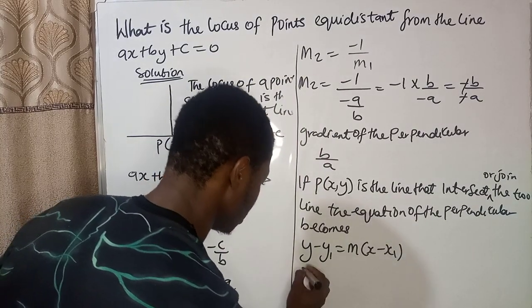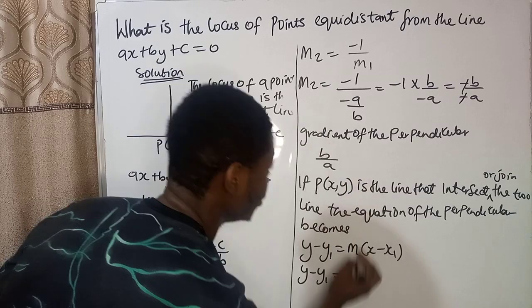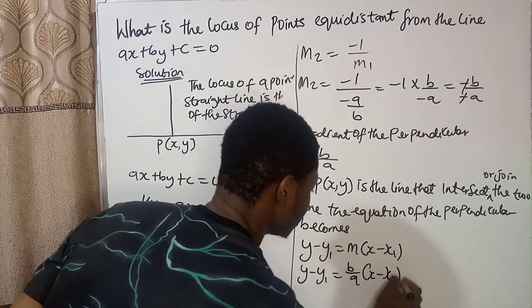So our y minus y1 equals, we are using m2 now, b all over a parenthesis x minus x1.